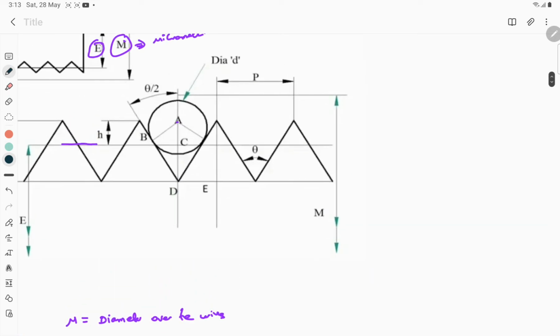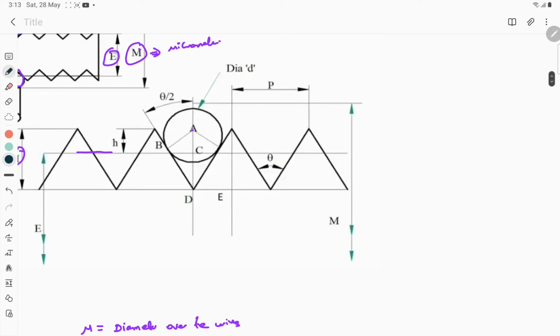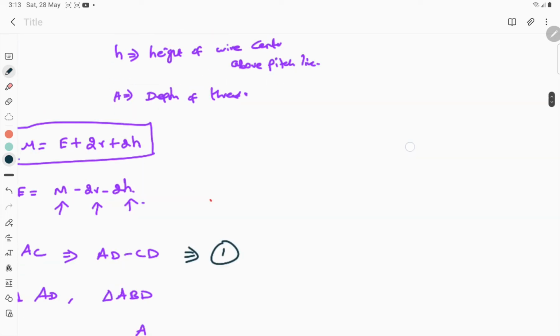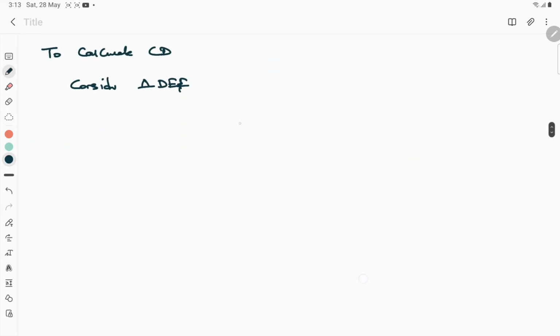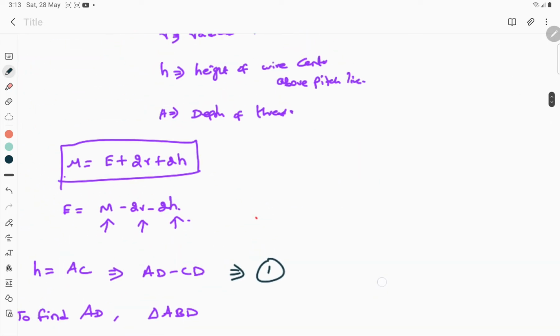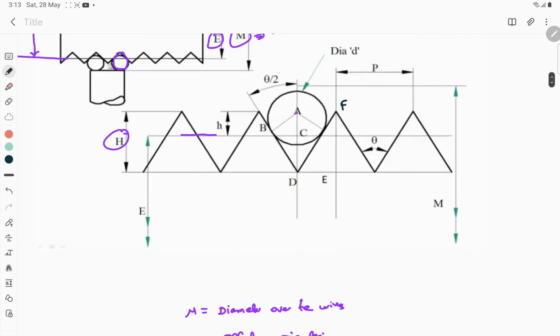You can see DEF, this is F. This angle will be theta by 2. You can see here this angle is theta by 2, so this angle also will be theta by 2.